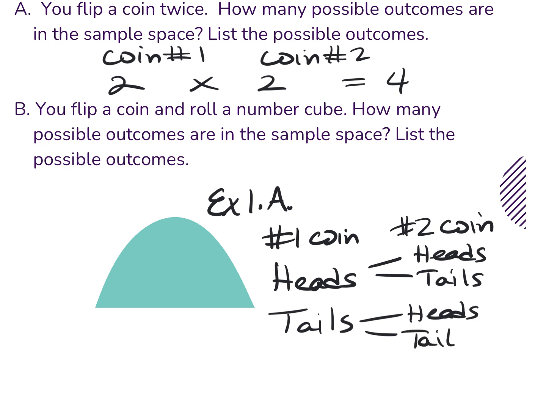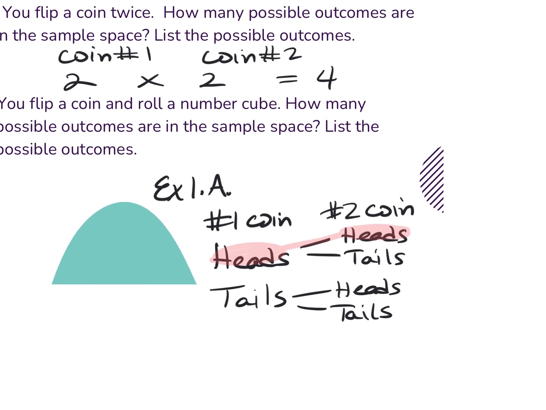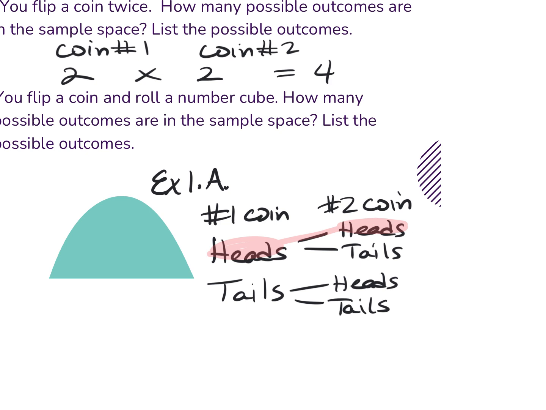So then now to list all of our outcomes in our sample space, I followed the branches of my tree diagram. So for example, I first would get a head, and then on the second coin, I get a head. Now I'm just going to abbreviate head with an H, so I can get a head and a head as my first outcome. Then if I follow the branch this way, getting a head on the first flip, and then getting a tail on the second flip.